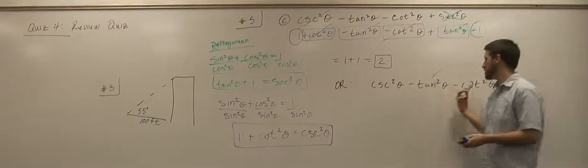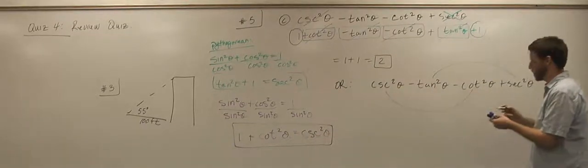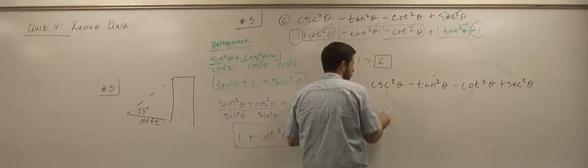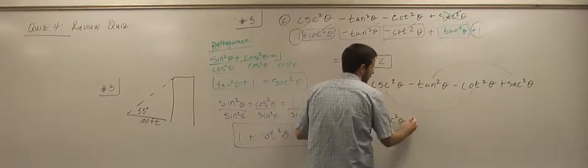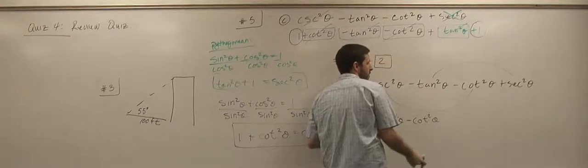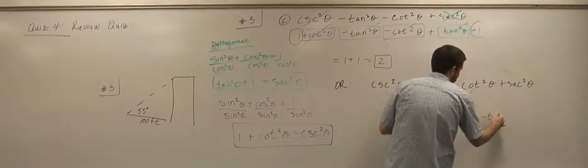And because cosecant squared and cotangent squared are over here, I would group these two together. So you can think of this expression as cosecant squared minus cotangent squared by grouping those together, and then you do plus secant squared minus tan squared.